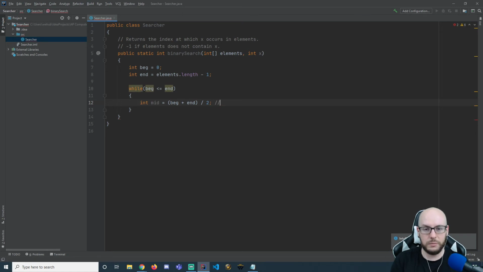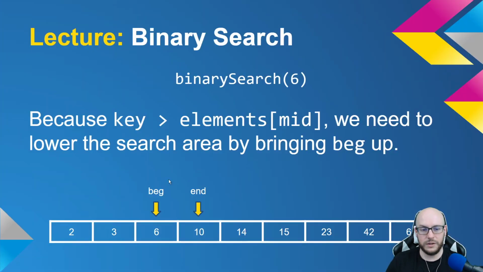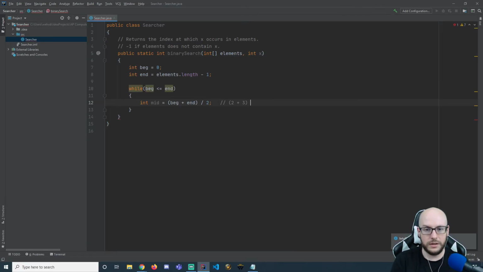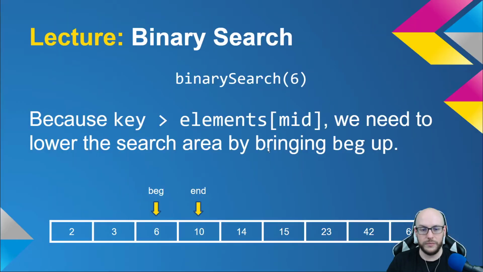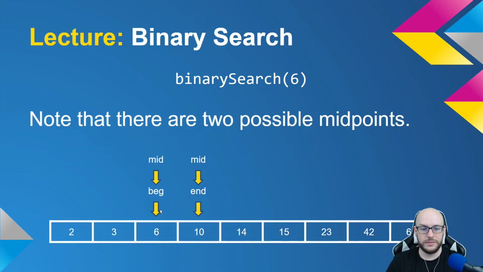So this becomes 2 plus the current value of end, 0, 1, 2, 3, divided by 2. 2 plus 3 gives me 5. We divide that by 2. That is a 2.5. Because of integer truncation, this would truncate to just 2, meaning this index.